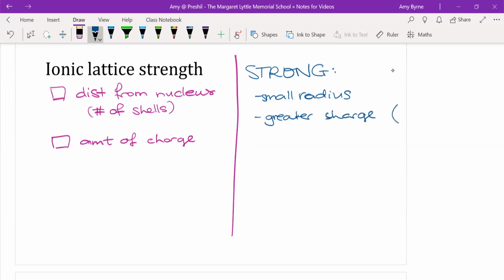So when I say greater charge, I mean like sodium plus versus magnesium 2 plus. If I'm talking about small radius, I'm talking about sodium versus potassium.